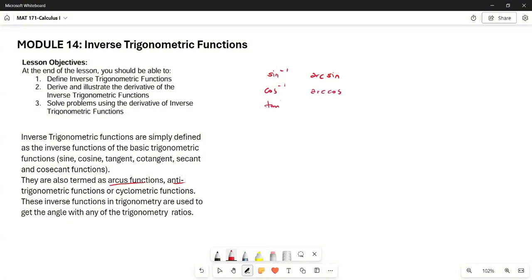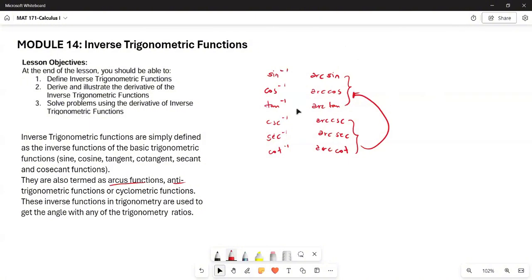Pag tangent, ganyan lang siya. Tapos arc tangent. So, ayan yan yung inverse trigo functions natin. Ganyan natin siya isulat. But usually in calculators, ito lang yung kaya nating i-input. Okay. Anyway, let's proceed to our formulas in differentiating inverse trigo functions.